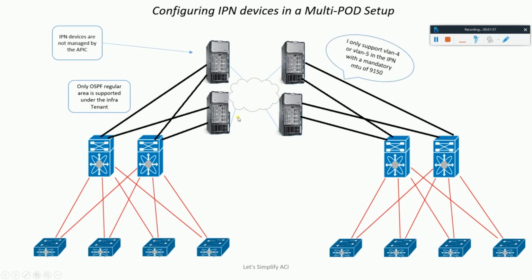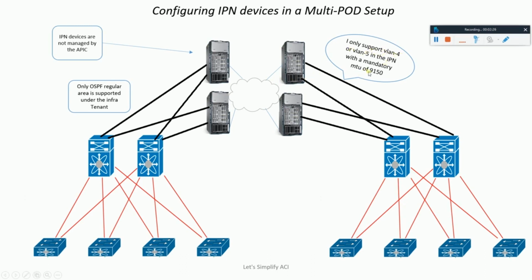Now the other point is this IPN network only supports VLAN 4 and VLAN 5. VLAN 4 and VLAN 5 are the only VLANs which are reserved for this IPN configuration. So obviously the interfaces which we are seeing in black lines, which are connecting from spines to the IPN devices, are configured on sub interfaces to support any one of these VLANs that we want to use.